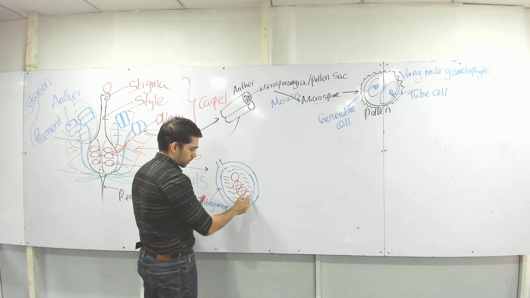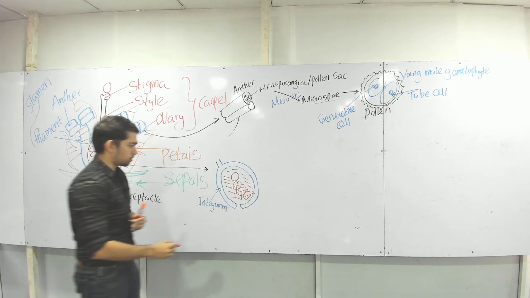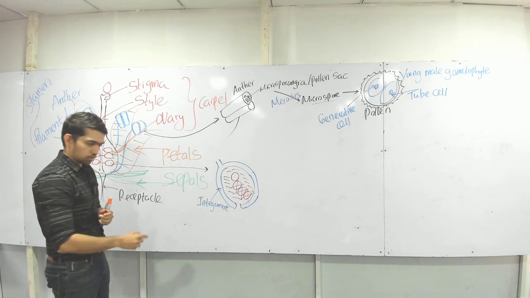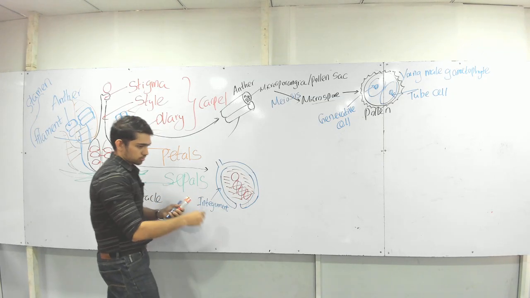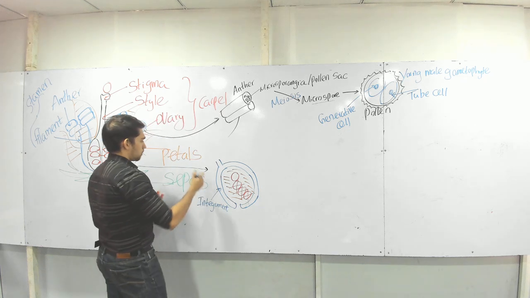I skipped one step. Only one will remain functional, right? So what is the cell division that is going to happen before this? Meiosis.